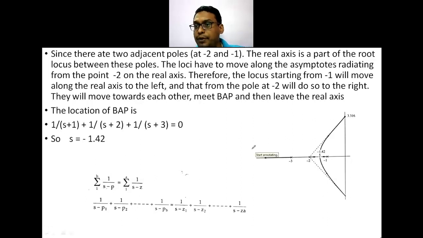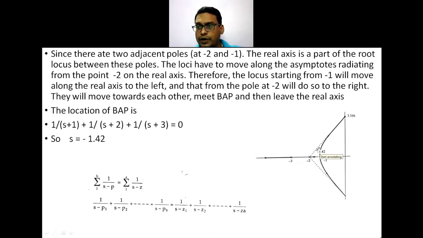So what will happen to the asymptotic lines? They will start from the center of gravity, and they make three different angles: pi by 3, pi, and 5 pi by 3.